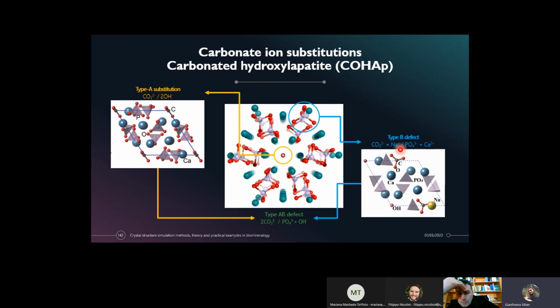In the other case, we have the type B substitution. Obviously, in nature, in physiological conditions, we have a mix of them in the so-called AB substitution or AB defect. So we have both type A and type B substitutions in bone.